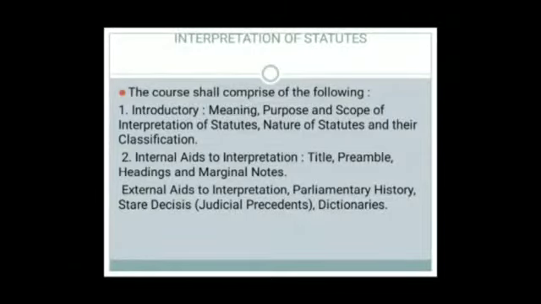So interpretation of statutes is the correct understanding of the law. Basically, this is a process adopted by the courts for determining the exact intention of the legislature while making a law, and how they then interpreted it.